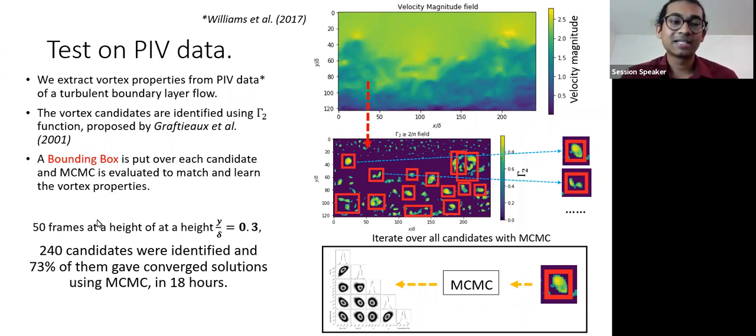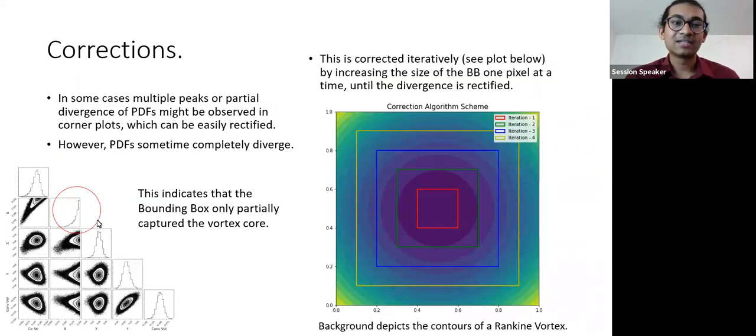So we've applied MCMC on 50 frames of PIV data at a height of y/delta equal to 0.3, and 240 candidates were identified, and 73% of them gave converged solutions using MCMC in 18 hours. In some cases, multiple peaks or partial divergence of PDFs may be observed in coordinate plots, which can be easily rectified.